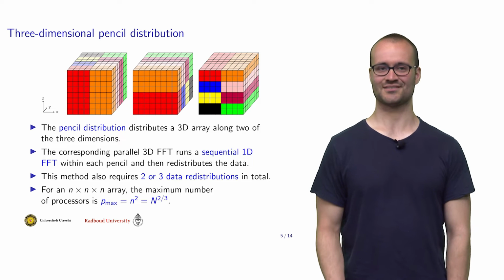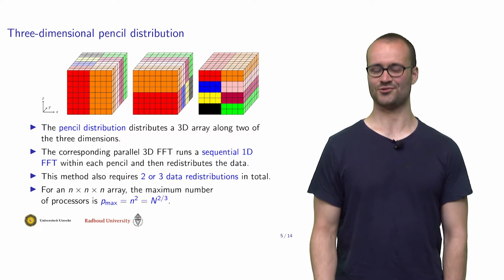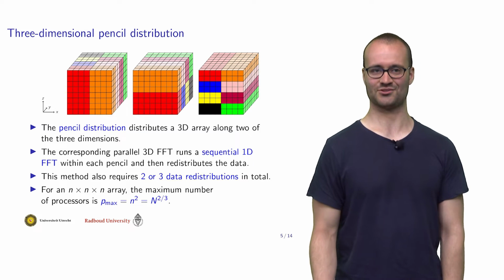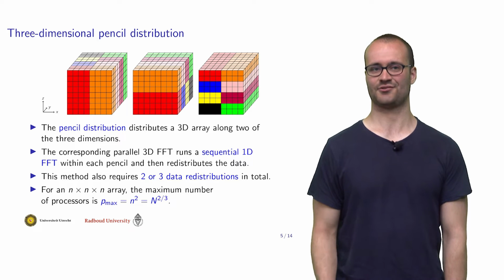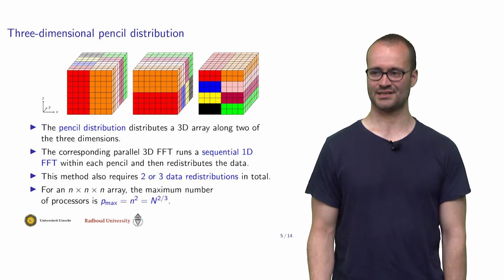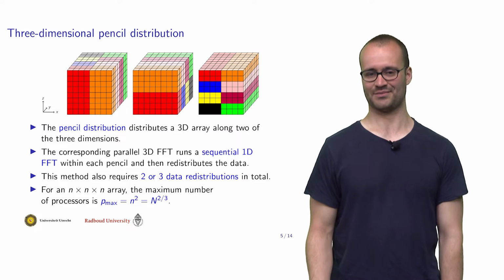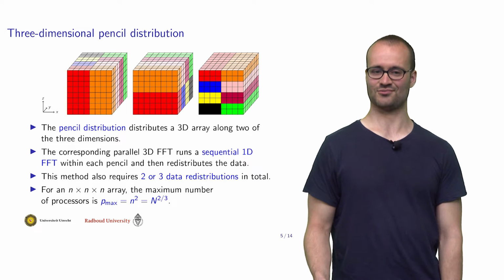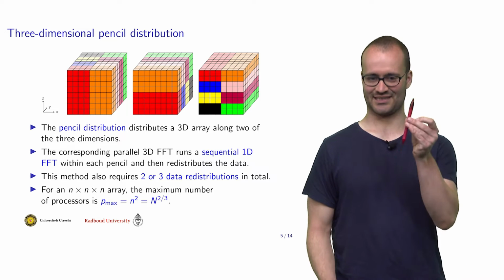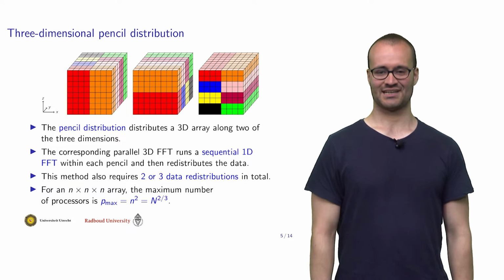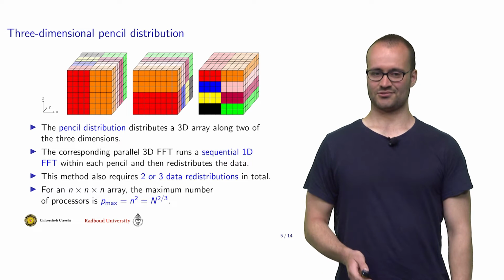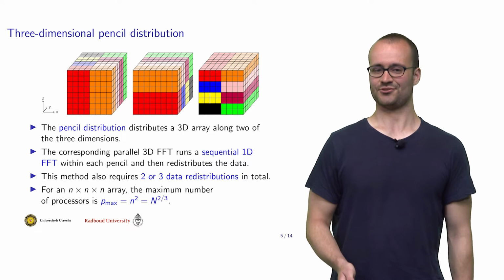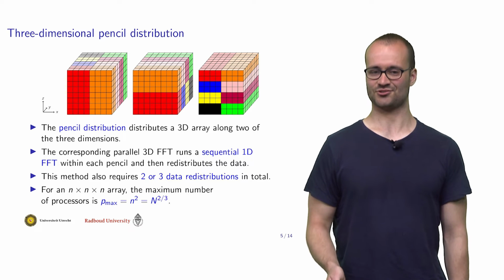If we are not satisfied with the cubic root of the number of elements in processors, then we can further refine the slab distribution into a pencil distribution by dividing across one more dimension. You can see this in the picture, and the elements local to one processor kind of look like a pencil, hence the name. In contrast to the slab distribution, we cannot do 2 directions locally anymore.